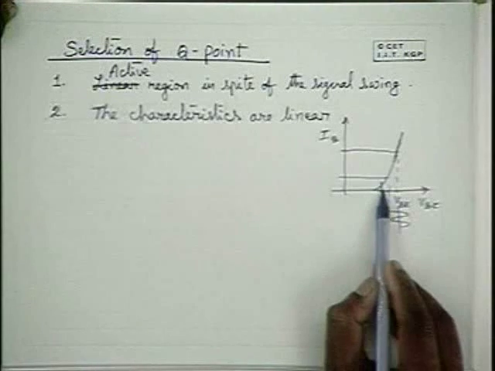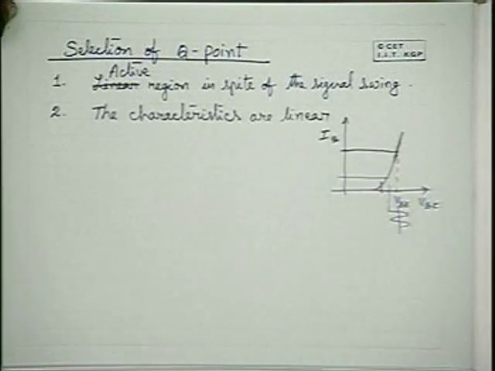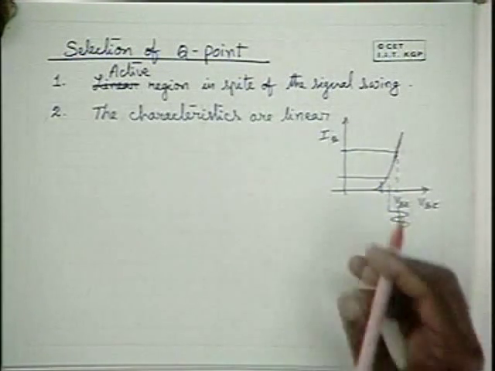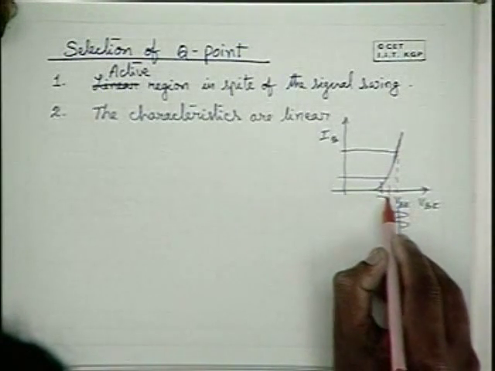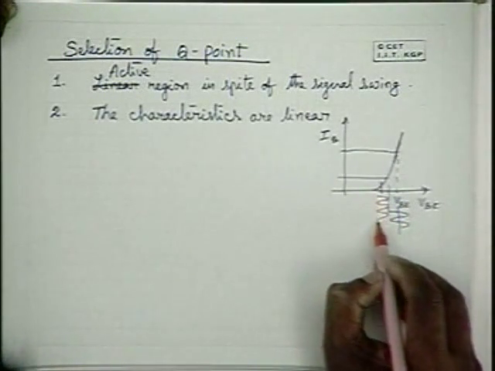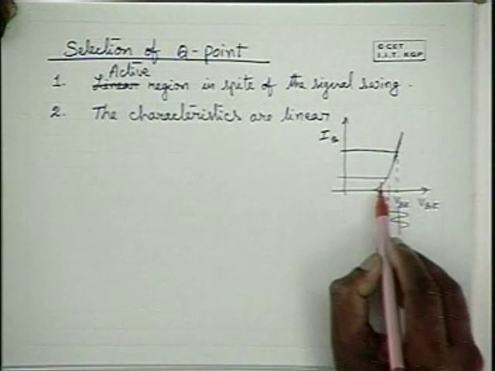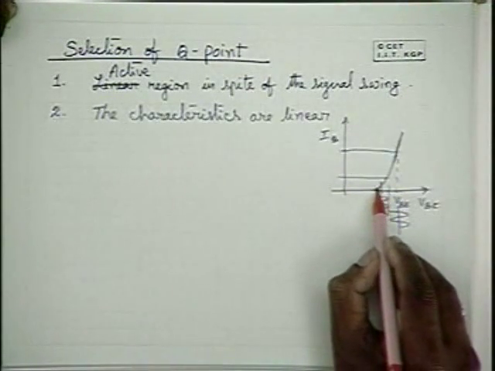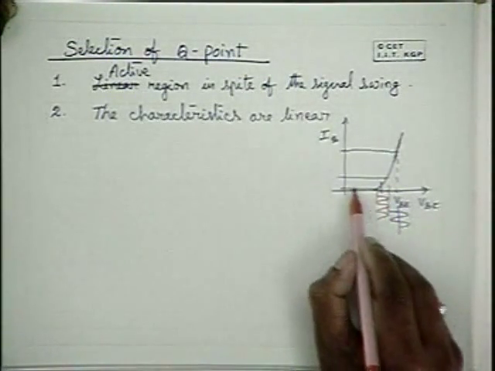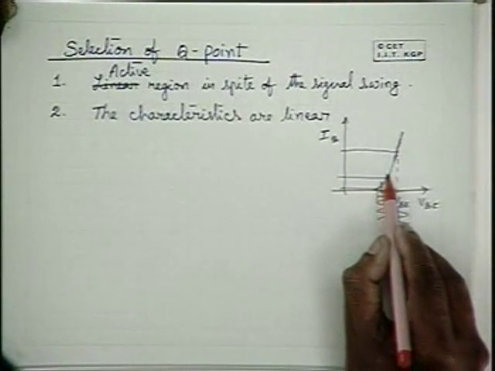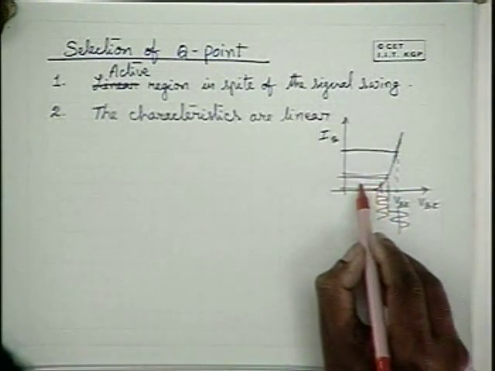On the other hand, if you try to operate this transistor around this point of VBE and IB with this kind of base to emitter potential variation, so what do you expect? The base current changes from this value to that, centered around this.